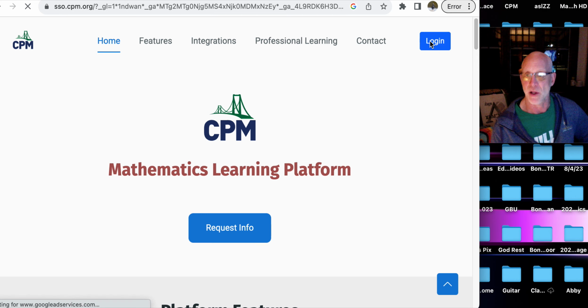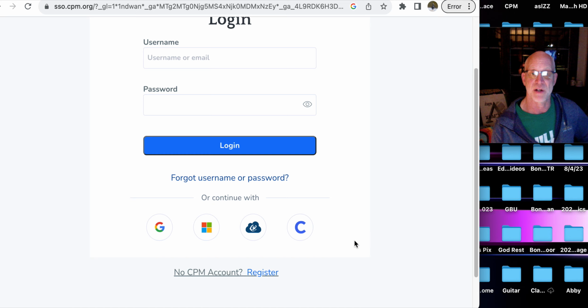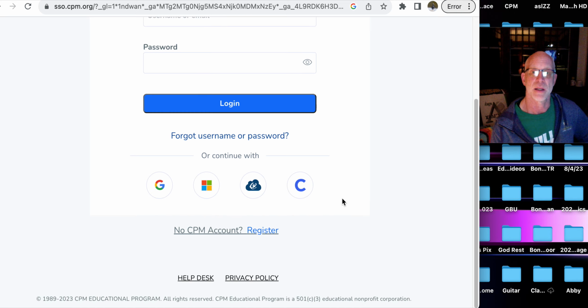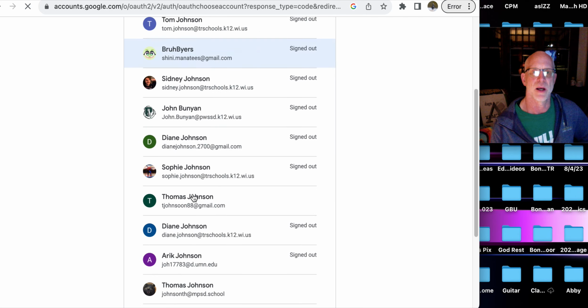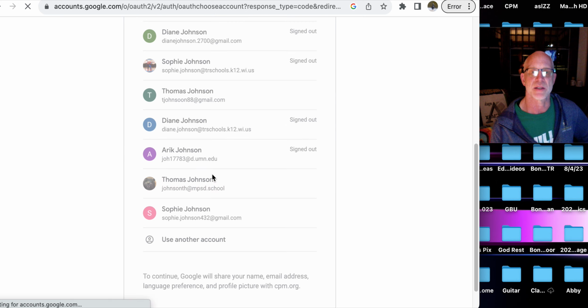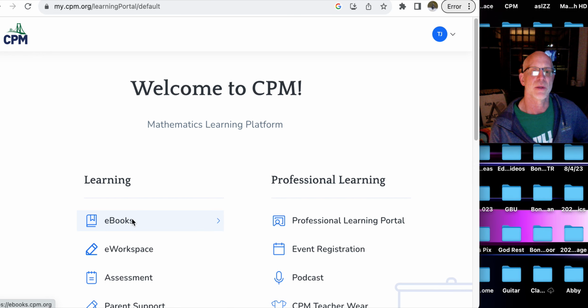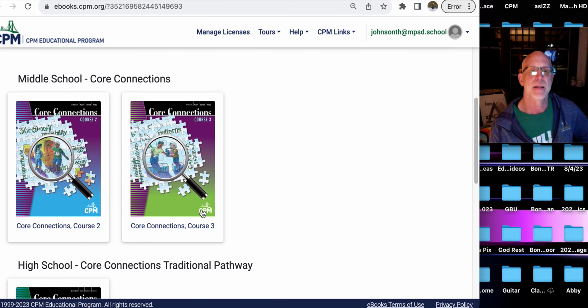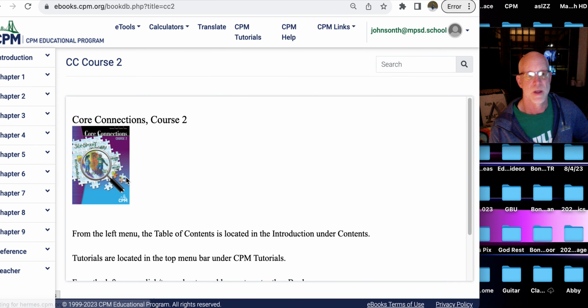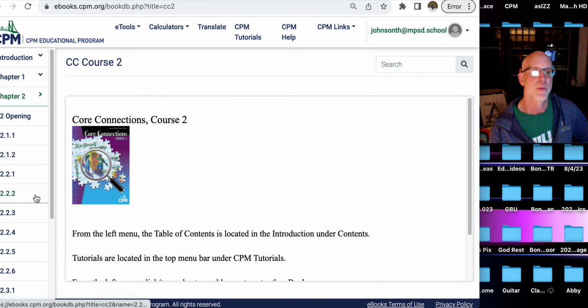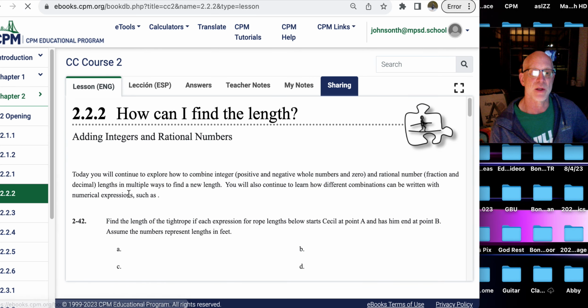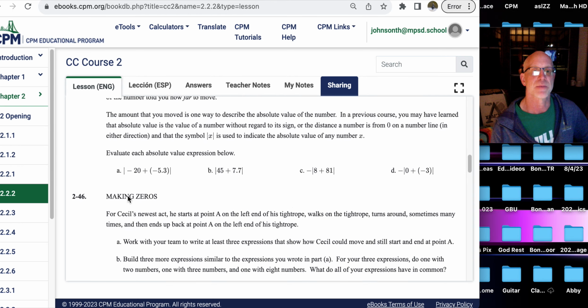But I'm going to click on Login again, and now since I've already logged in, I can go to my Google G, and we're getting into our ebook, and I'm under Johnson TH, mpsd.school, and then from there we go to ebooks, and we're course 2. And we said we're on 2.2.3. So the problems we're going to look at from yesterday are these problems.